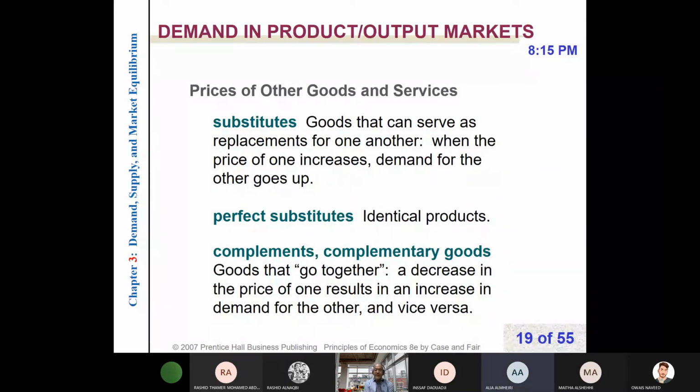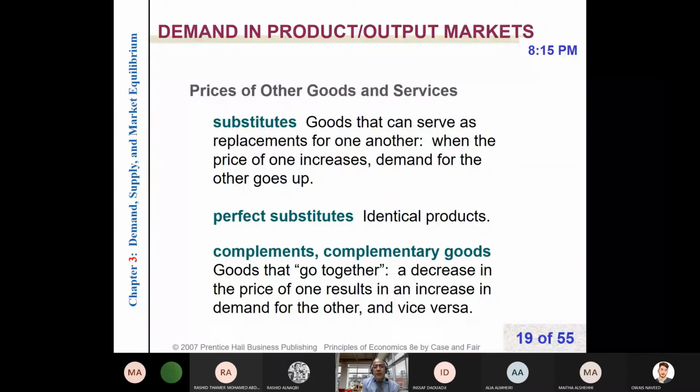Okay, so as Alia said, see here, tea and sugar are complements. For a customer such as Salim, I cannot drink tea without a little sugar. So tea and sugar are complements.